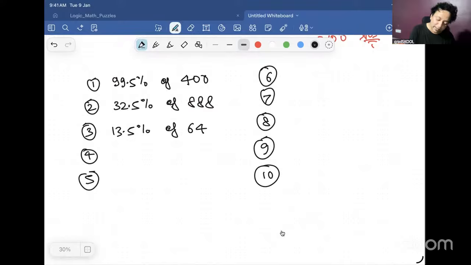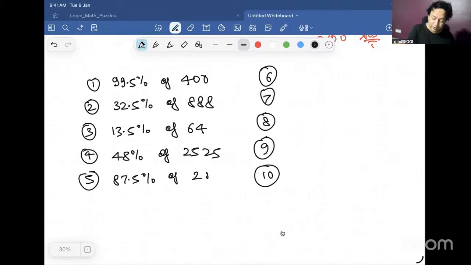Then we have 48% of 2525. Then one more, 87.5% of 248. Then we have 92.5% of 350.